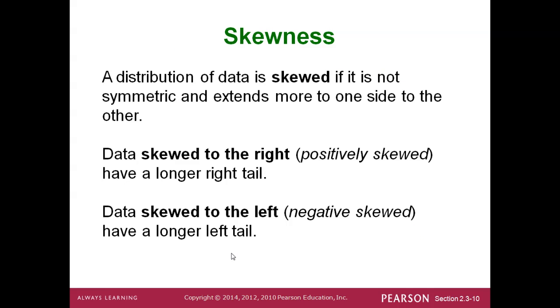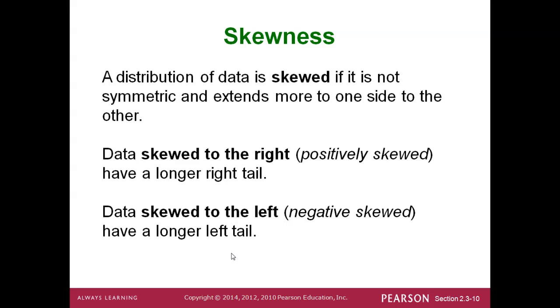So skewed right, positively skewed, is a longer right side tail. It's the tail, the end of it, that tells you what's going on. If it's got a long tail on the right, it's called right skewed. If it's got a long tail on the left, it's left skewed.